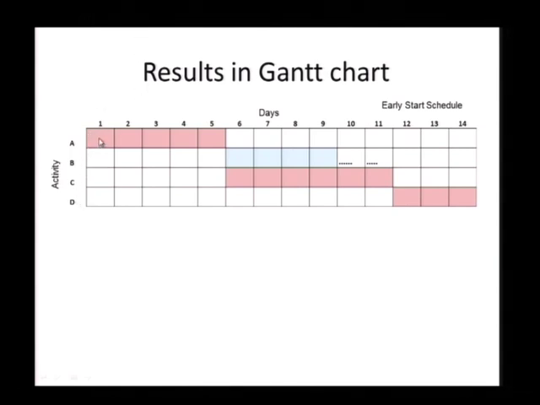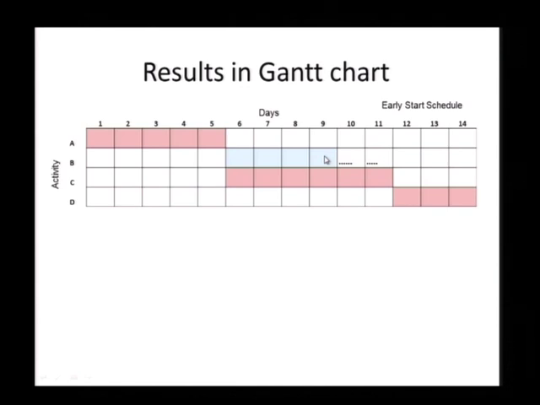Okay, activity A takes 5 days, you can see it's start of the first day to end of the 5th day. Activity B, it's in light blue here, and then activity C. Now you can't see the relationship logic here, but because we have got the results out of the CPM, we can put it into the bar chart, and here's B starting at the beginning of the 6th day, ending end of the 9th.